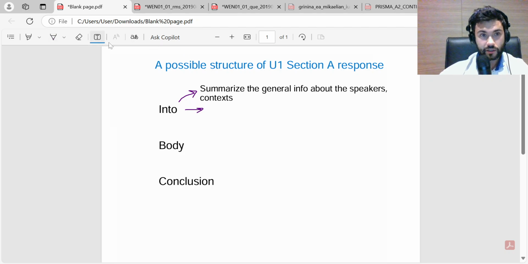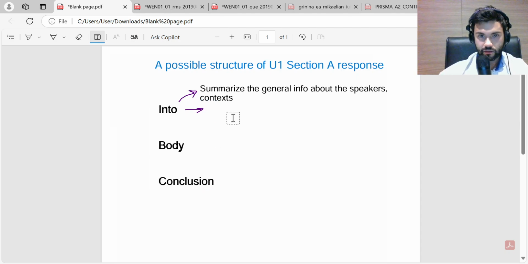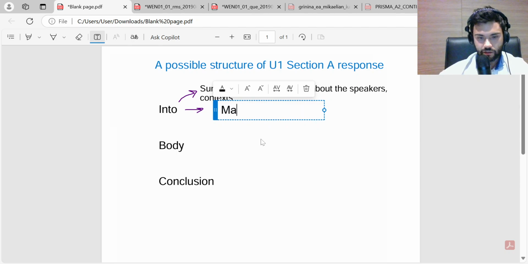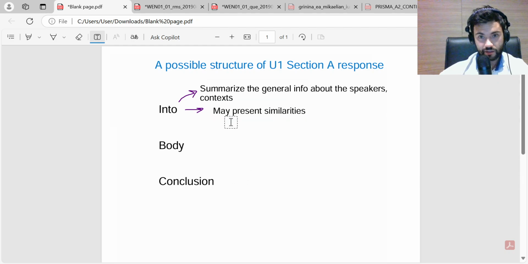So here we can also add, may present, similarities. Once again, the similarities between the speakers and the contexts. In very general terms, please.